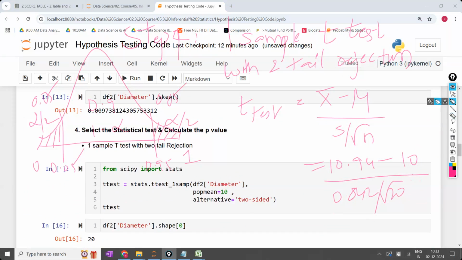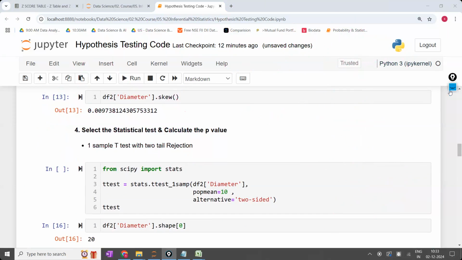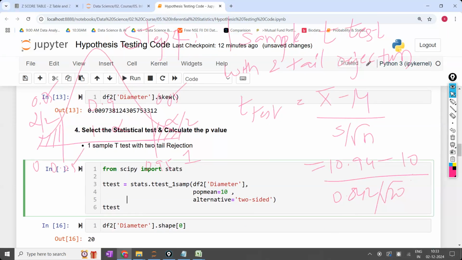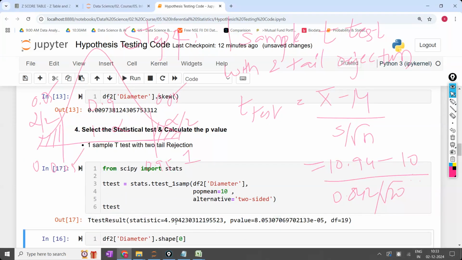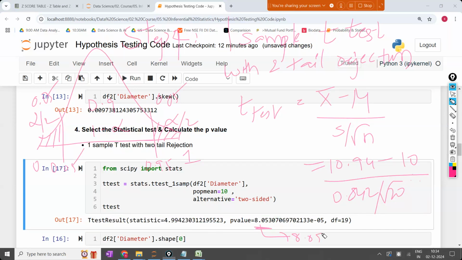Based on this, it gives the test statistic value and from that the p value also. The test statistic value is 4.99, and the p value is 8.05 e to the power of minus 5.